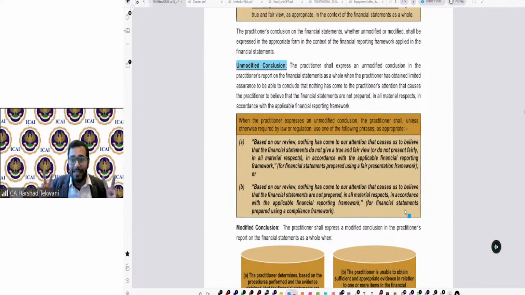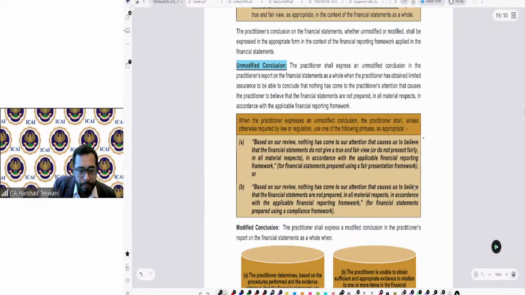If that is the case, I can issue an unmodified opinion. Having said that, there is a requirement under SRE that when you are issuing an unmodified opinion, you need to have these two paragraphs, any one of these two paragraphs.